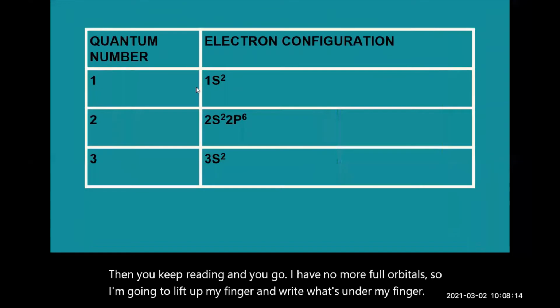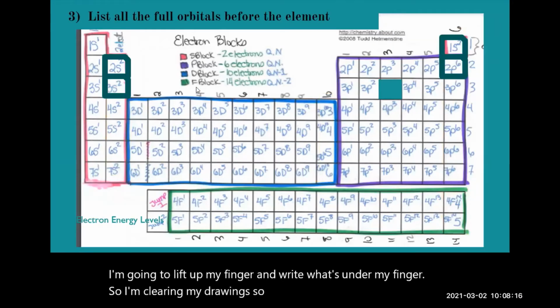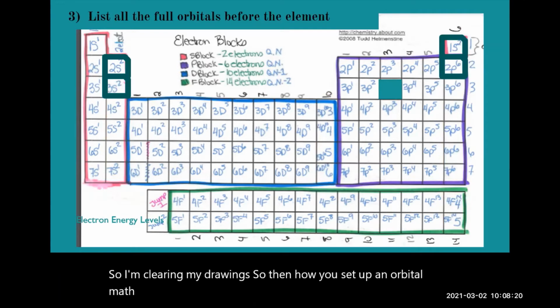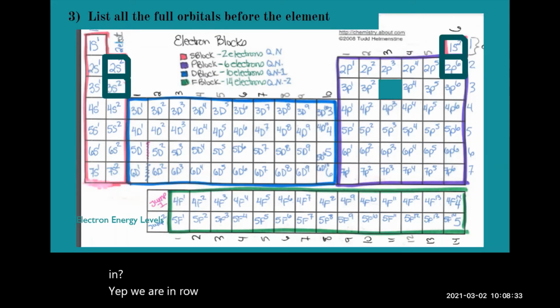So I'm clearing my drawings. Then how you set up an orbital map is you figure out what row you're in. Someone tell me what row we're in. Yep, we are in row 3. So you make 1, 2, 3 rows on your orbital map.